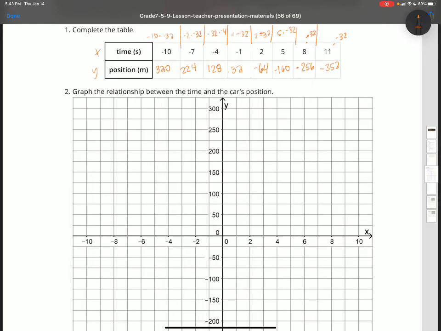The number line is counting in increments of 25, so 320 is a little bit past 300. Then for negative 7, it's going to be 224, which is right underneath that, and I'm going to draw a line going to 7.